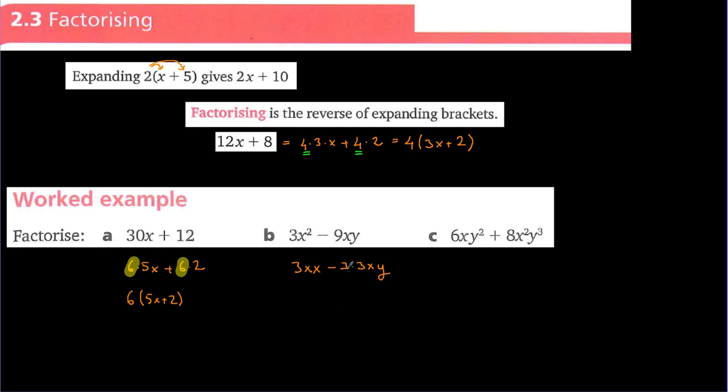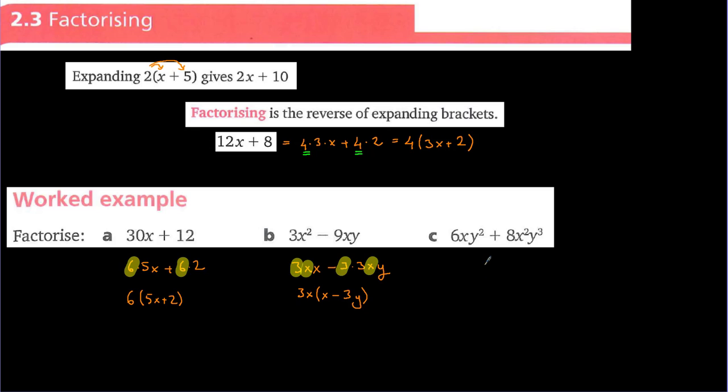Here 3 times x times y, I'm going to take the common term 3x outside the parentheses. The rest of them is y minus, the sign stays the same, then 3, which is the answer of our question.